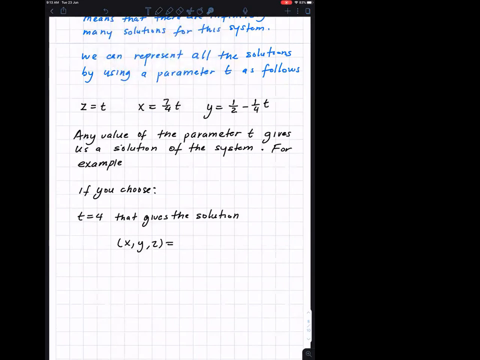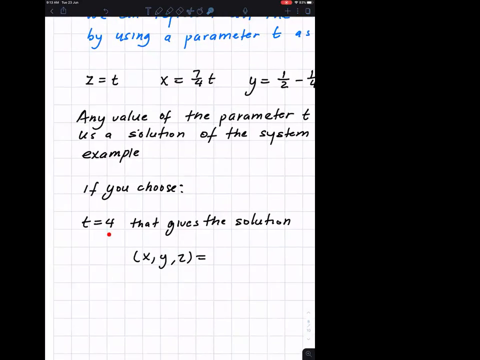Can you guys see this clearly? T can be any value, it's a parameter. You can also choose 0. Let's say we choose t is 4, then you can put the t here.